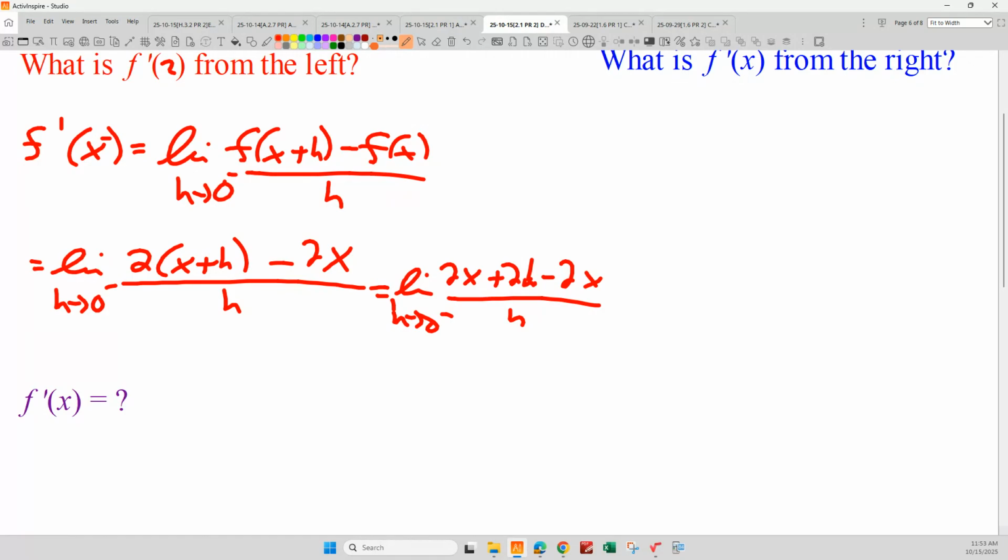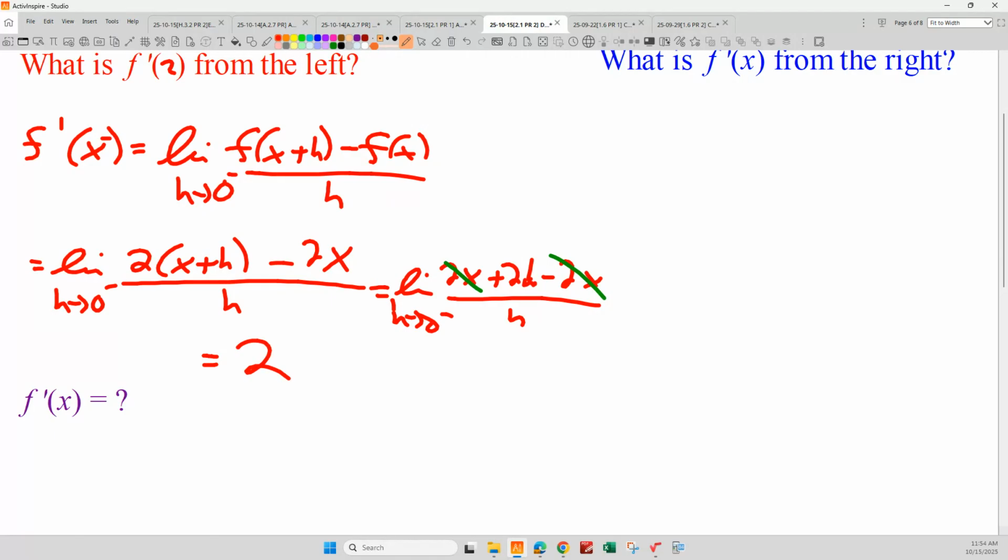Well, look, these guys cancel horizontally. What happens to the h's? They go away. And so don't I just get the answer, this is equal to 2?